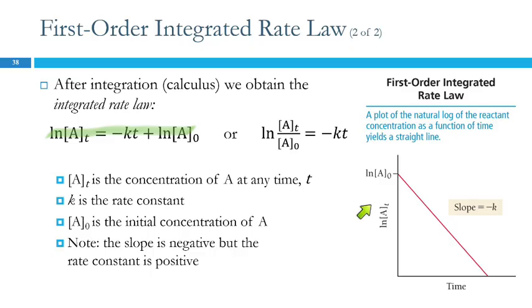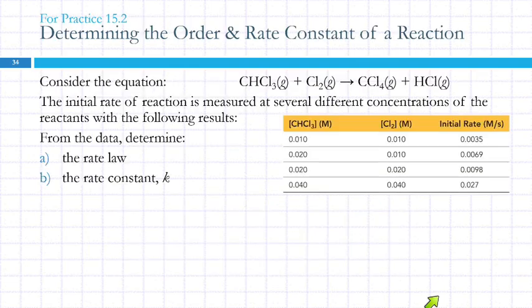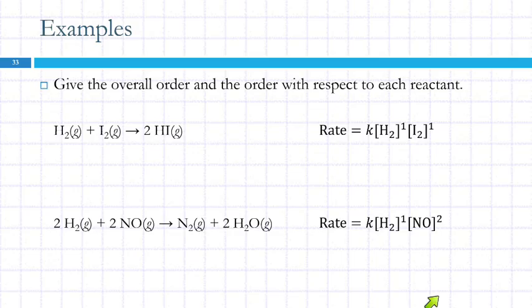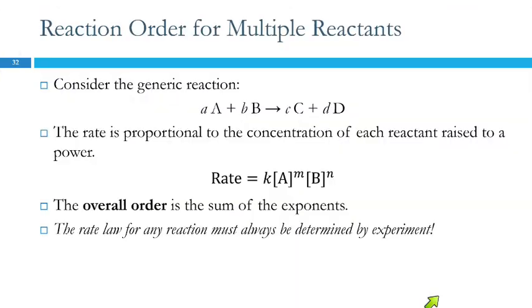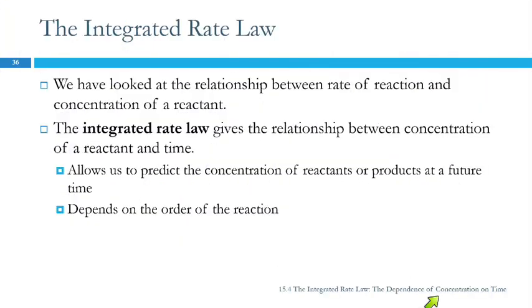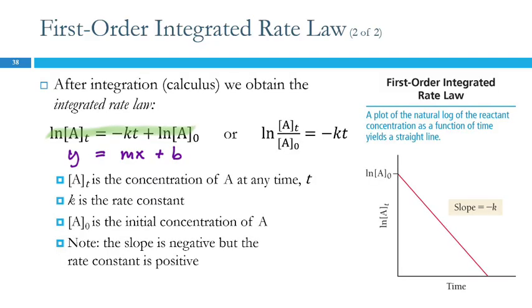So if we graph this, this equation is in the form of a line, y equals mx plus b. So if we graph y, natural log of A at time t, versus time, t is our x value here.